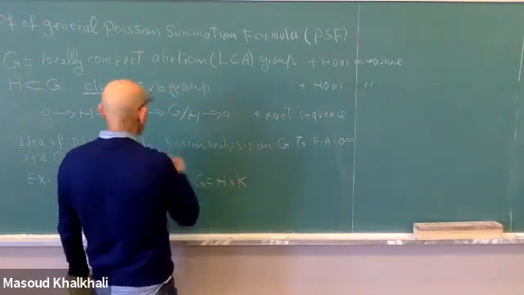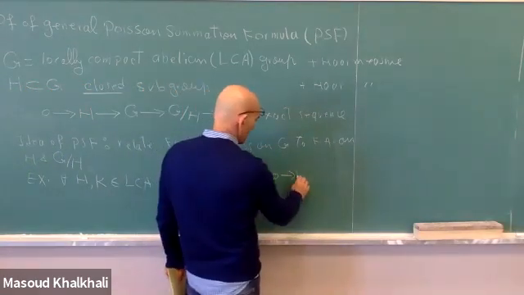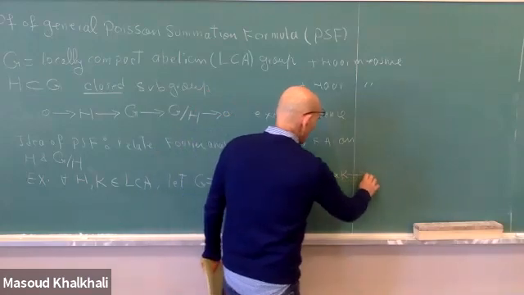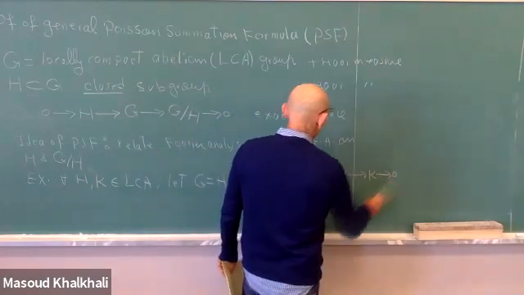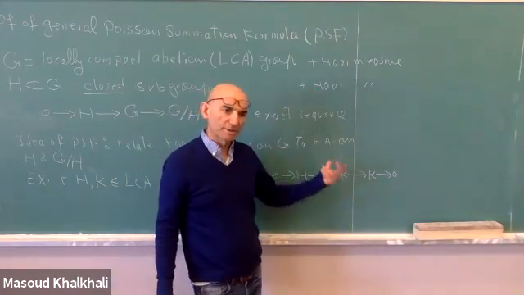And then this sequence is the very well known Cartesian product sequence, H cross K, and then K and 0. This is the simplest trivial case, where there is no twist.